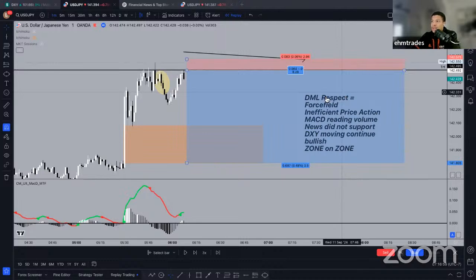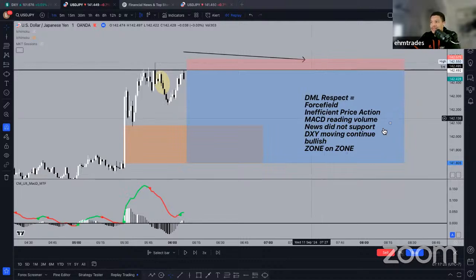I like for us to be moving away from decision making levels. In this case, we were respecting it. I like moving towards inefficient areas of price action, right? In this case, we were gearing up to move towards it.